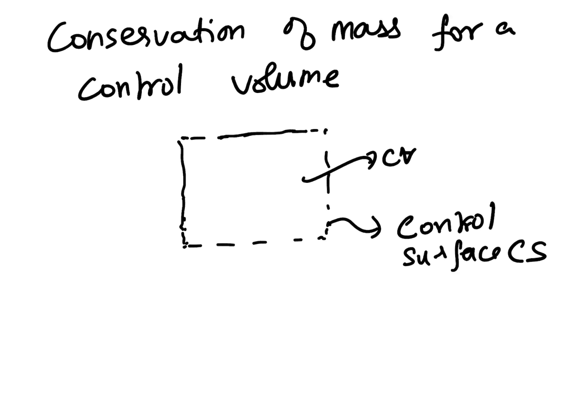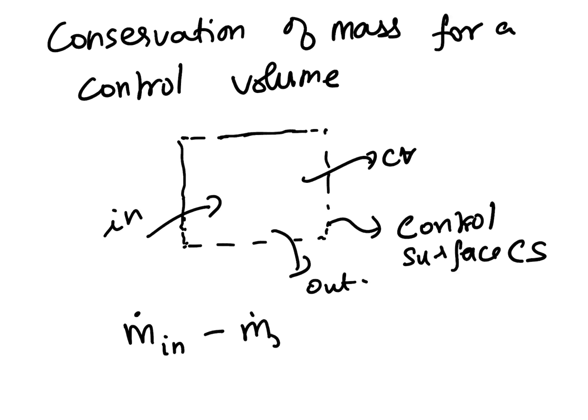And across the boundaries, or across the control surface, there may be inflows and outflows. So how do you do a very simple balance of mass coming in and leaving the system? If you have mass coming in, whatever comes in minus whatever leaves must be equal to the mass that accumulates over a period of time. That is, the rate at which mass flows in minus the rate at which mass flows out should be equal to the rate of change of mass within the system.